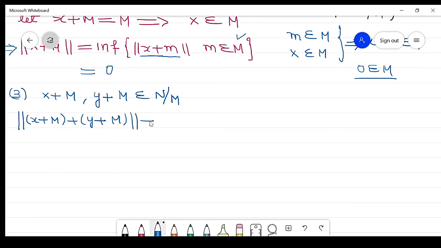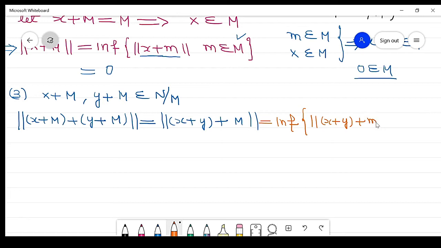Now apply the addition property, which gives x plus y plus M. This is the addition property. If this is the addition property, by definition this is the infimum of the norm of x plus y plus m such that m belongs to capital M, right? So we are using this definition.